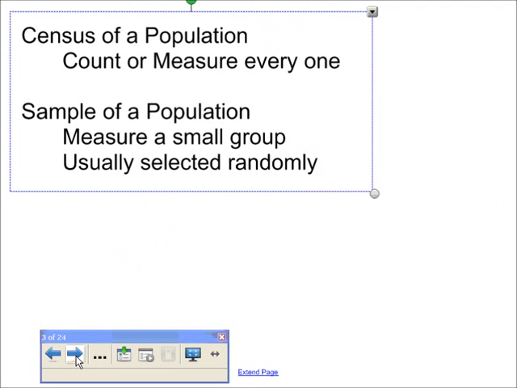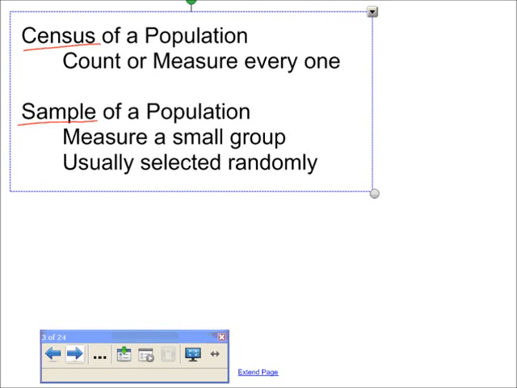All right, one of the central things, if you do take a statistics class, is that there's a big difference between the census of a population, where you count or measure everybody there, and the sample of a population, where you're just taking a small group. Ideally, everything would be a census, but that's not always possible.